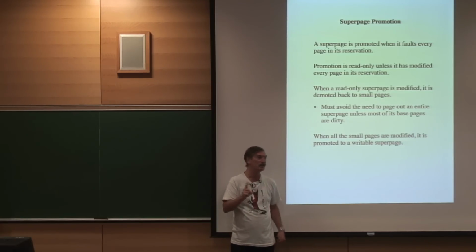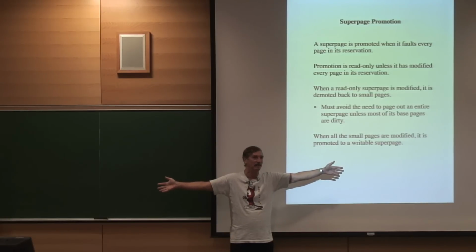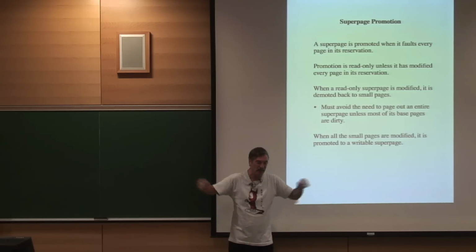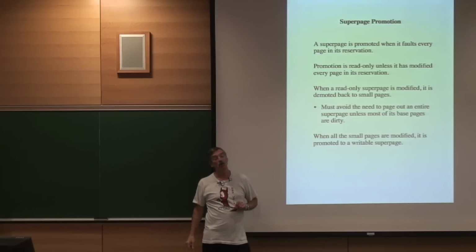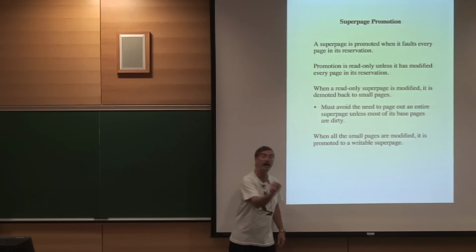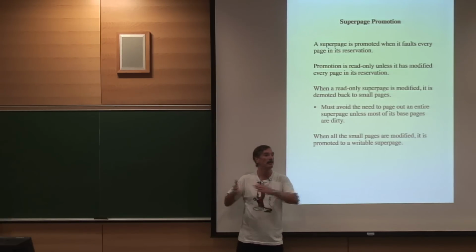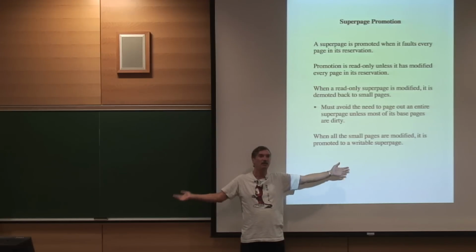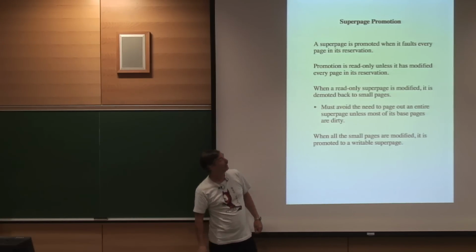So all we know is that somewhere within that 2 megabytes, you wrote a byte or so. And what that means is that if we promoted it read-write, and you did a worst-case scenario, where you had 10 superpages and wrote 1 byte in each of them, and now we needed to flush it, we'd have to write all of that data out to disk because we wouldn't know where the 10 small pages were that you'd made that modification to.